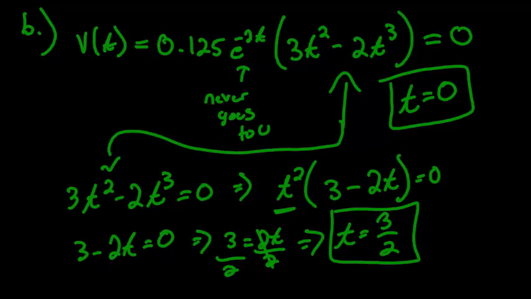And part C asks to sketch this. Now we know a couple of things. It asks you to sketch I of t. Since v prime at t equals 1.5, which is what we found, is a local maximum, right?